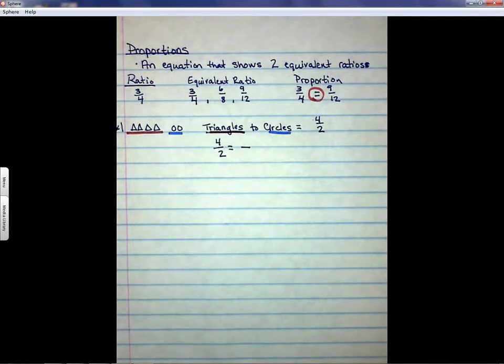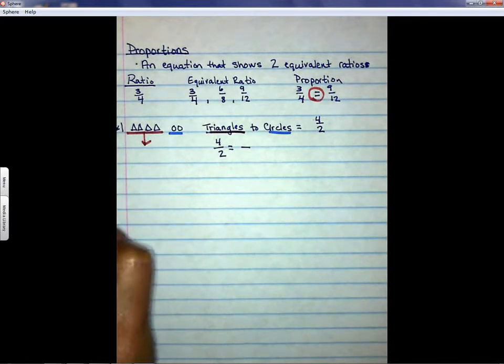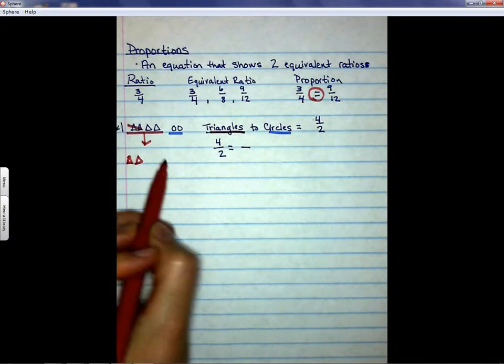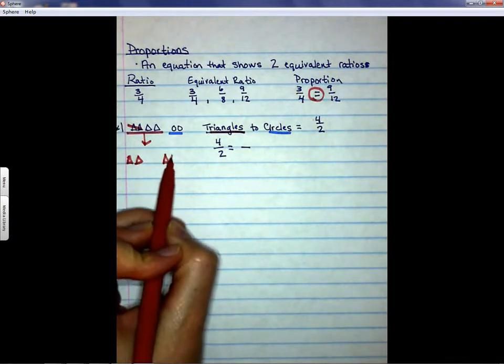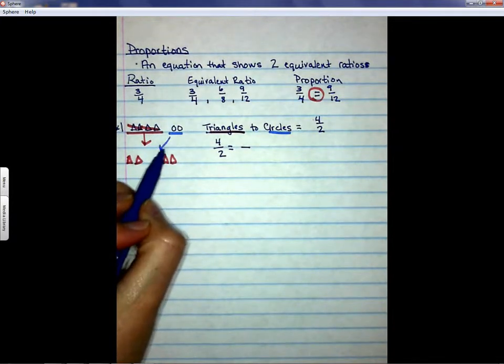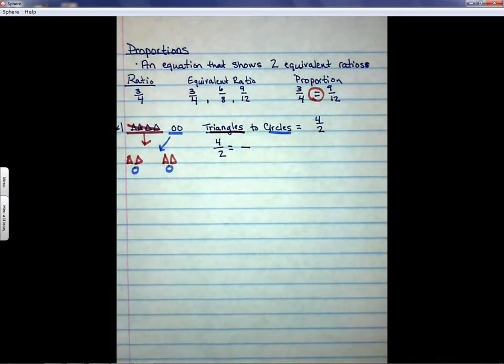If I look here, I notice I can break up my triangles into two equal groups. Two triangles here and two triangles here. Similarly, I can take the circles and I can make two equal groups like this.